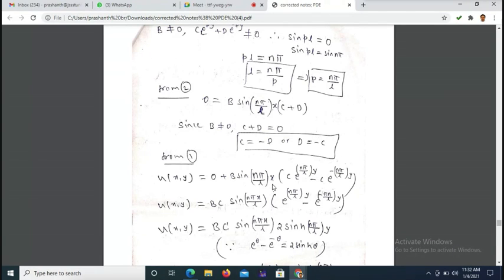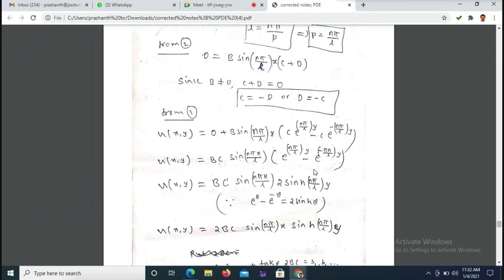In the place of D, I substituted minus C, e power minus n pi by L y. Because P value is substituting. You just observe here, here also C, here also C. I can take out C as a common factor. So E of x comma y is BC sin n pi x by L, e power n pi by L into y minus e power minus n pi by L into y.